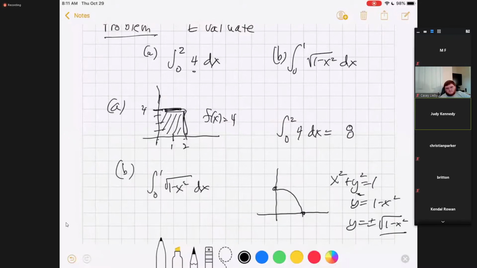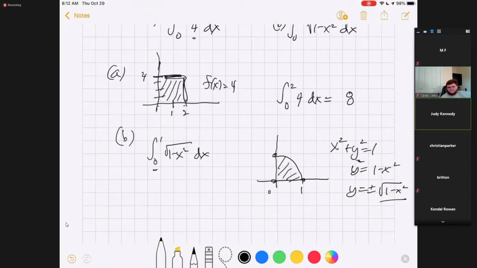And I've got plus, so actually I'm talking about the upper half of this unit circle. And because it goes from 0 to 1 here, I just start at 0 and stop at 1. So I want the area of the part of the unit circle that's in the first quadrant. I want the area of this region.